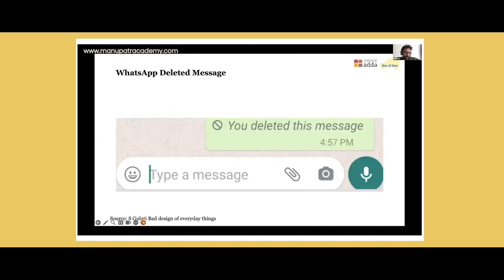A final example before I hand over to Mahak: if one looks at WhatsApp, you've seen that a few years ago this was a new feature. I'd like you to think about what you actually think is the purpose of such a design. And does it work for you?